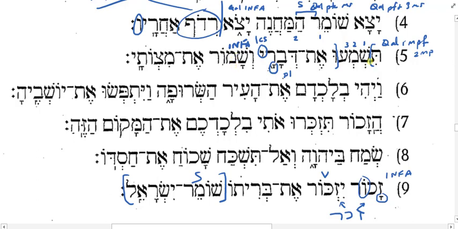So you will hear and you will shamor, keep, et mitzvotai. What will you keep? My mitzvot. Commandments, plural. How do I know it's plural? Two reasons here. I have a non-hireq before the yod, and I have the vav on mitzvot. All right. So does that make sense?